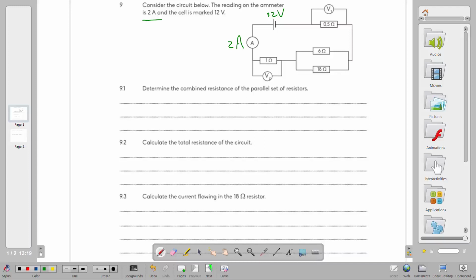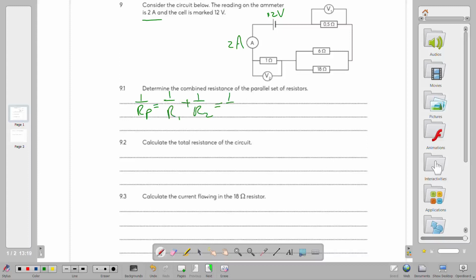9.1, determine the combined resistance of the parallel sets of resistors. Remember, when we deal with parallel resistors, we add them inversely as follows, right? 1 over 6 plus 1 over 18, like that. Just make sure that you first write down the formula.